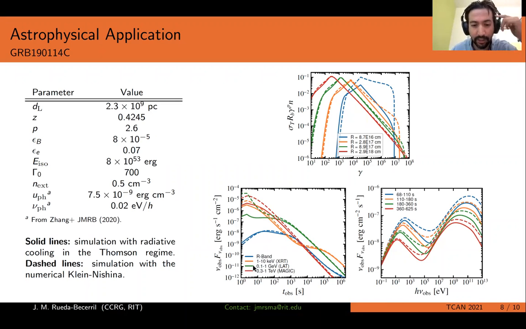Here, for instance, the green line is the Fermi-LAT band, and then the MAGIC band and the X-rays, and they have a significant difference, while at low frequencies there is none, because the low energy particles are not that different.